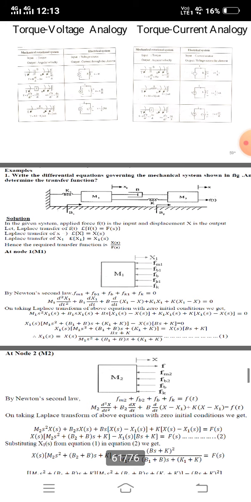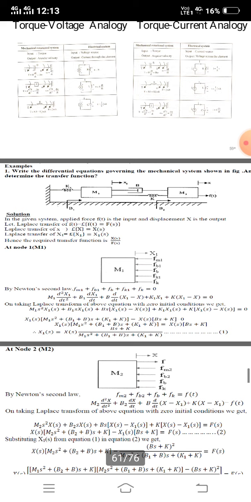Beginning this problem, we have to conclude what the input and the output are. Here, one input and two outputs are there. One input is f(t), and two outputs are x and x1.